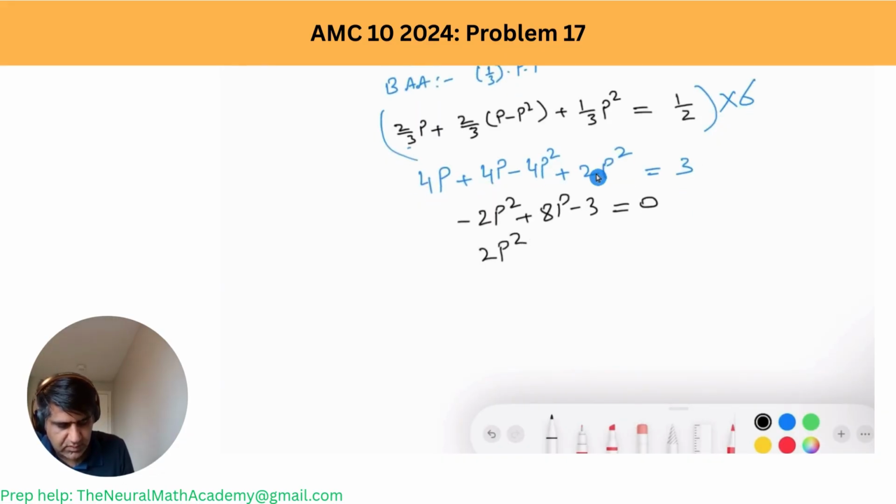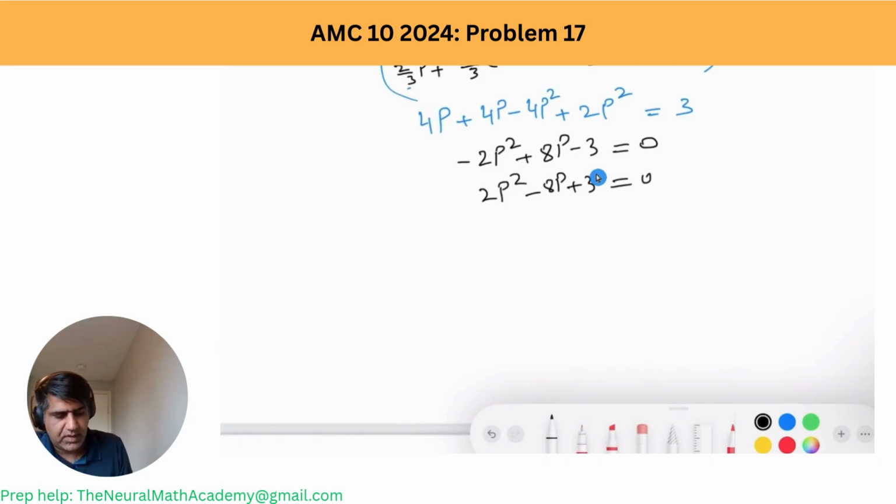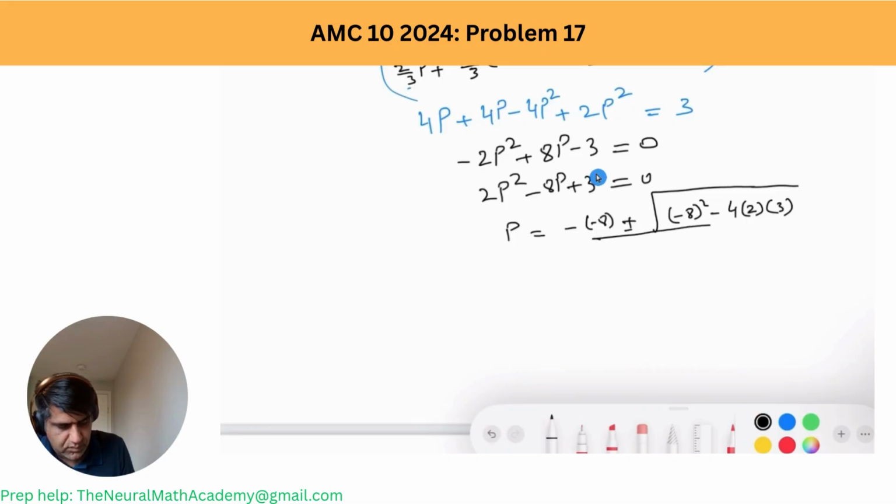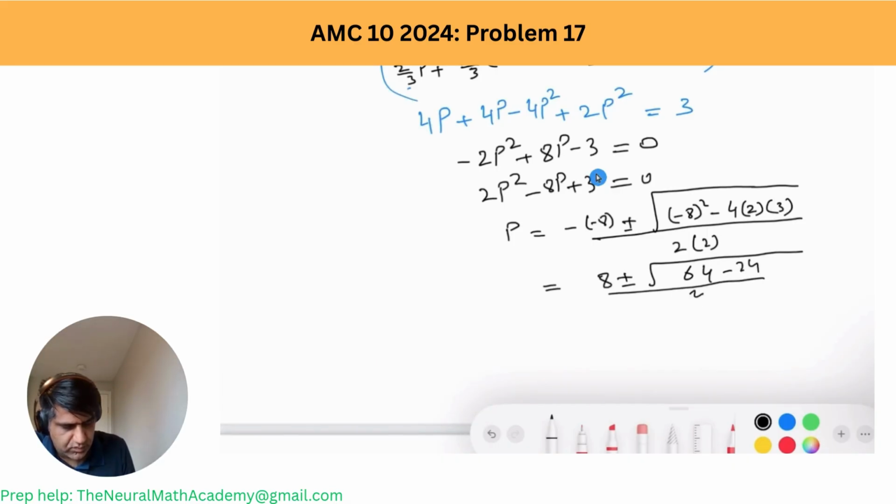Or I can also write it like this, right? And now I can apply the quadratic formula to find P. So that would be equal to minus b plus minus square root of b square minus 4ac over 2a. And then we get 8 plus minus square root of 64 minus something over 4.